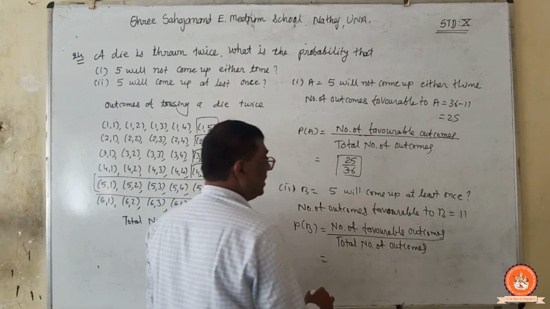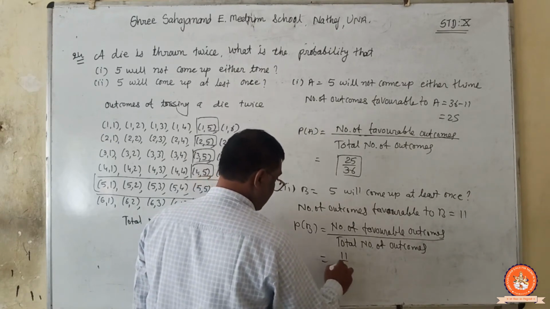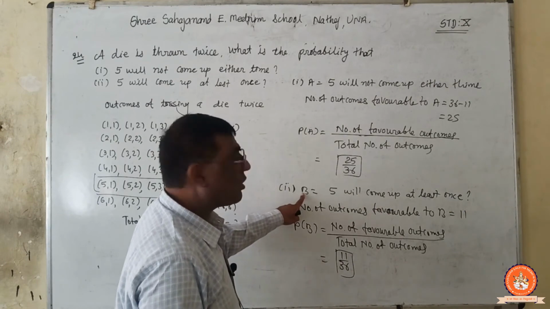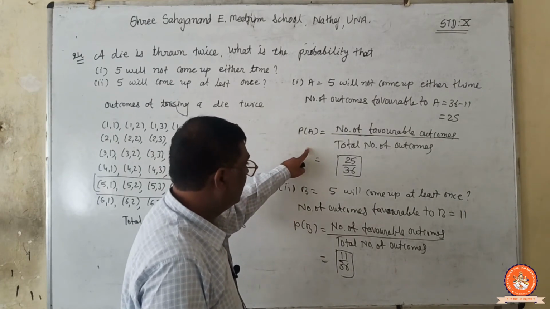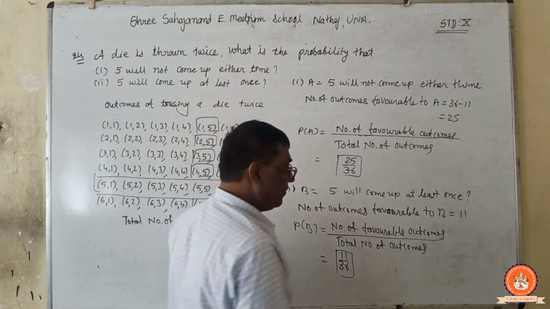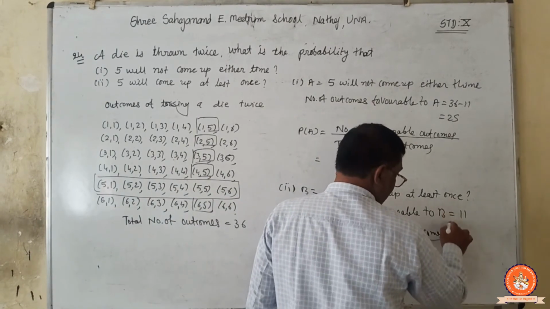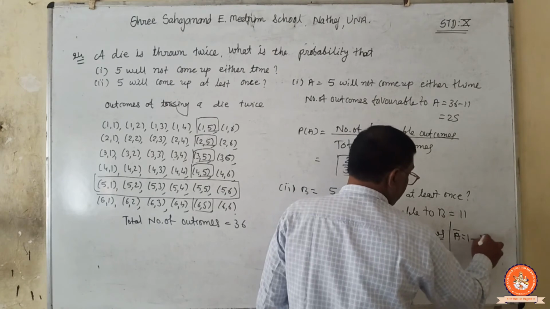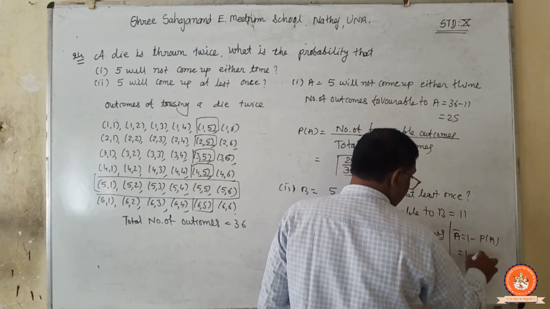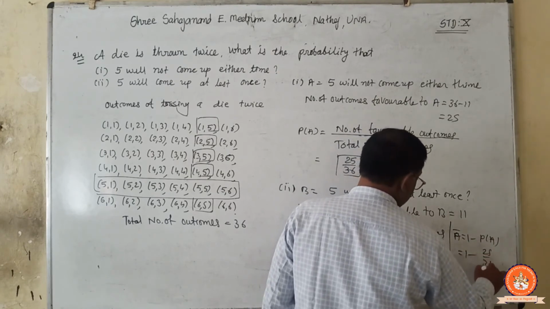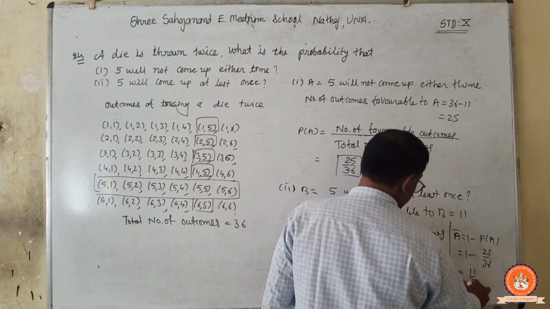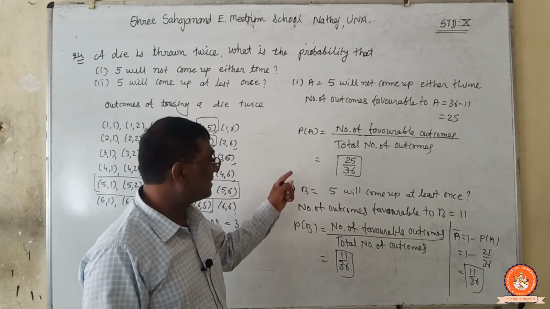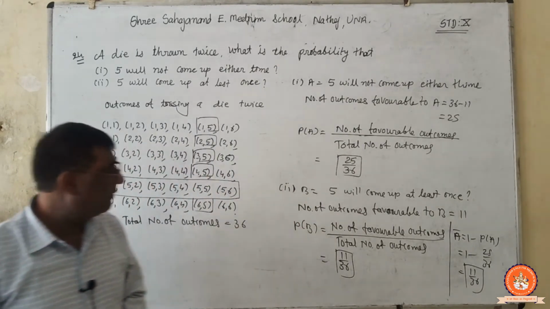It's 11 upon 36, and you can see that this event is a complementary event to this one, and we will be able to find it. So it's a complementary event. So 1 minus P of A, it could be like this: 1 minus 25 upon 36. The answer could be 11 upon 36. So this is the second way you can find the probability of this event. Okay. Very good.